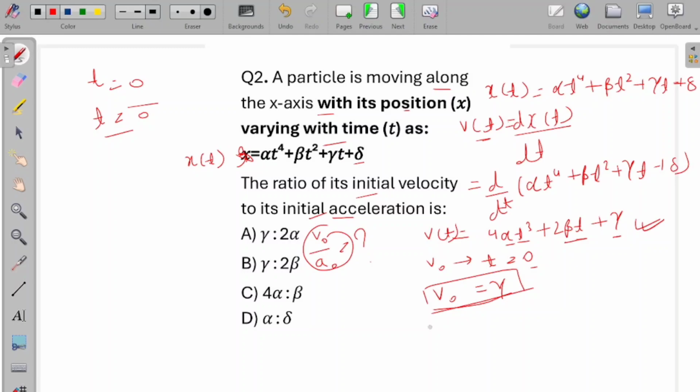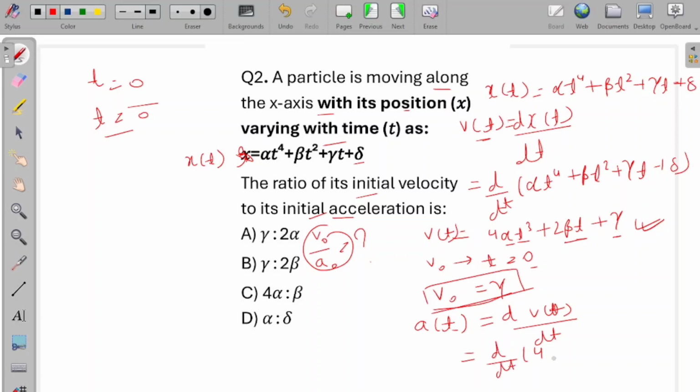Now let's find out A naught. For that, we will first find out At, and the general expression for acceleration is equal to dVt by dt. Now on differentiating velocity, we will get acceleration. So let's differentiate velocity.